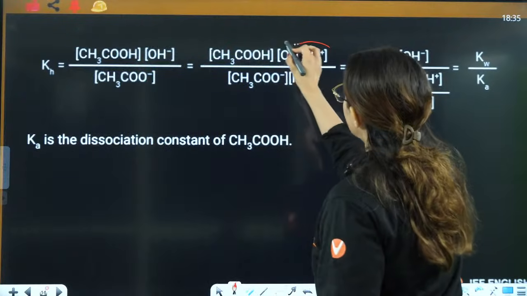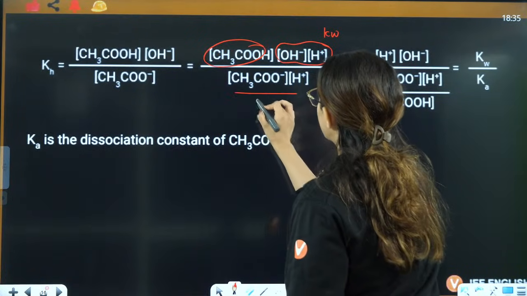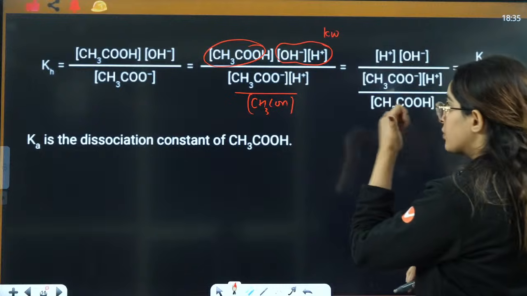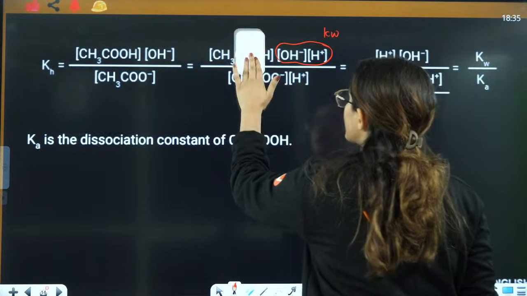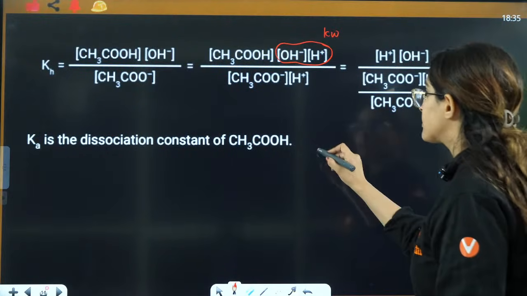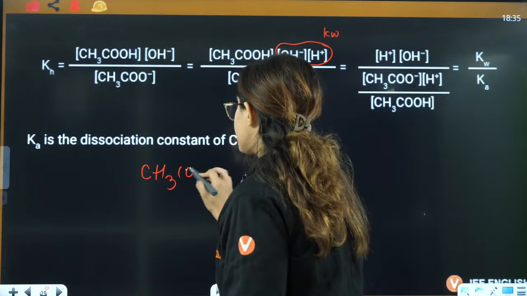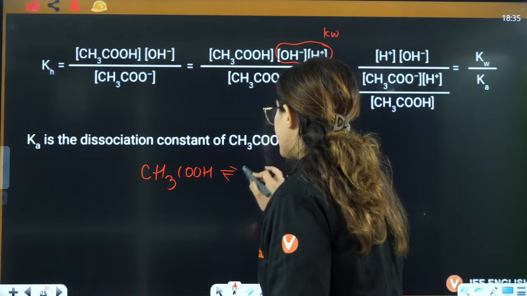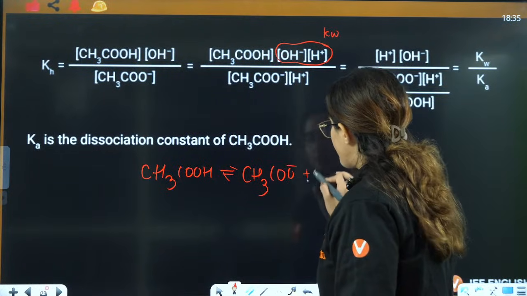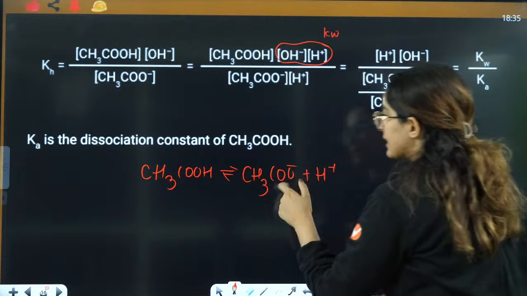Now this is nothing but KW. If you take it here, this will be CH3COOH. So that is going to be, when CH3COOH is dissociated, that is Ka. This is the dissociation of CH3COOH into CH3COO negative plus H positive, then you have this particular thing here, that is Ka.